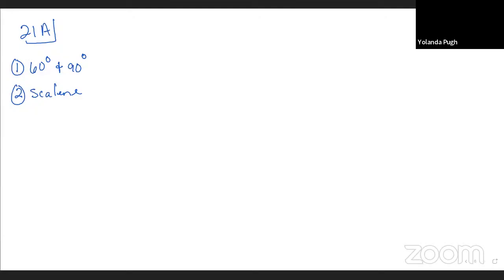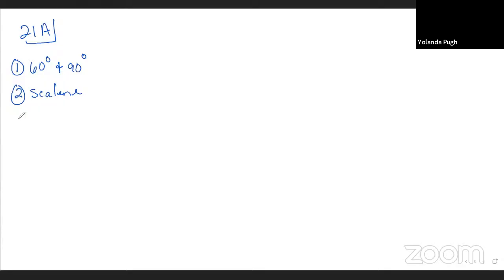And if it has 2 sides the same, that means it is an isosceles triangle. And then of course, if it has no sides that are the same, which is here in our case of the 30, 60, 90 triangle, that means that it is a scalene triangle.